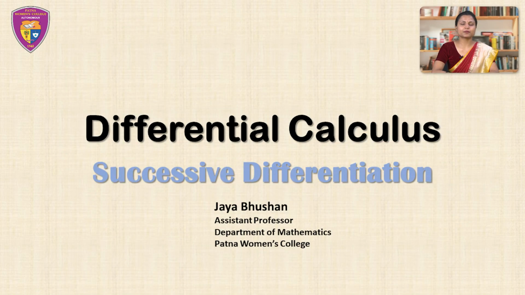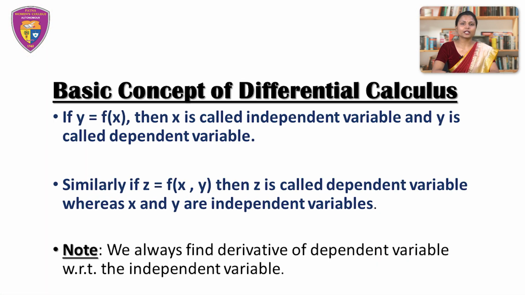Today we will discuss basic concepts of differential calculus and successive differentiation. At intermediate level, you were taught differentiation to find the derivatives, that is dy by dx, which is termed as the first order derivative.